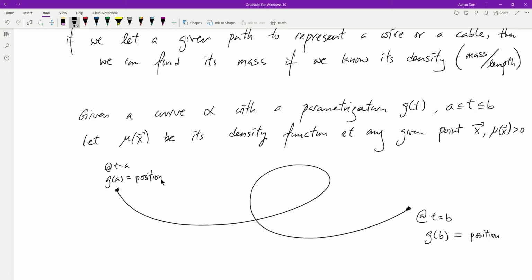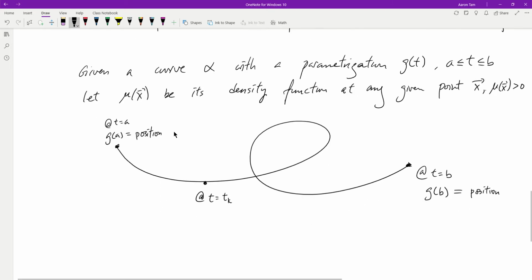Now, imagine the following. Imagine somewhere down the line I have a particular point. Let's say here is at t equal to some specific value t sub k. Then its position would be g of t sub k. That would give us our position.